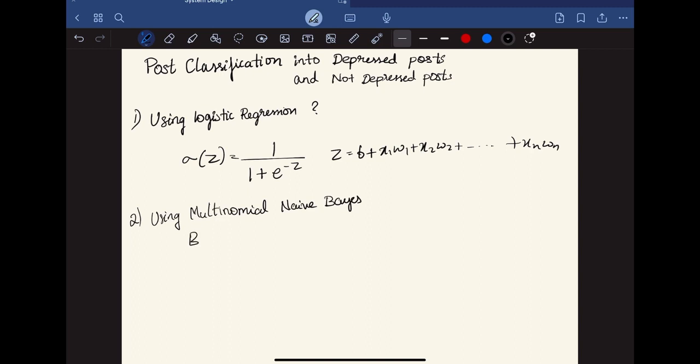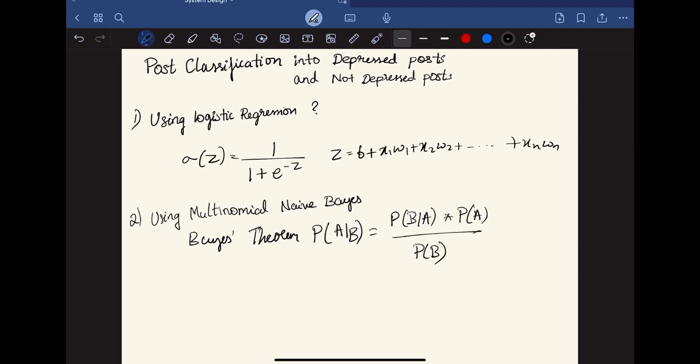is the Bayes theorem. What is Bayes theorem? According to Bayes theorem, if A and B are two independent classes, the probability of A given B can be determined by the probability of B given A times the probability of A divided by the probability of B. This is Bayes theorem, and the whole naive Bayes depends on this theorem.